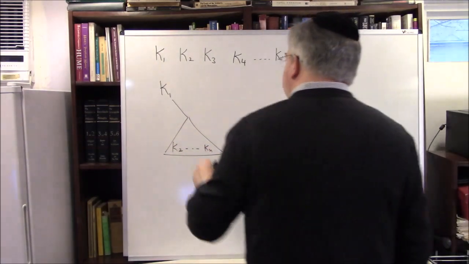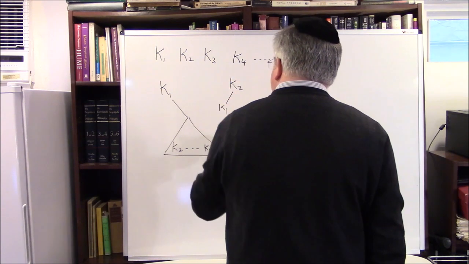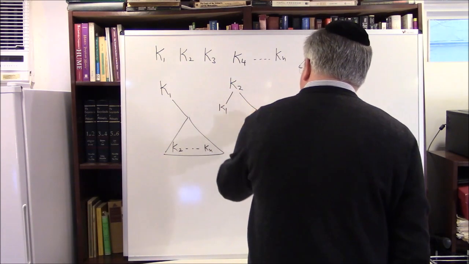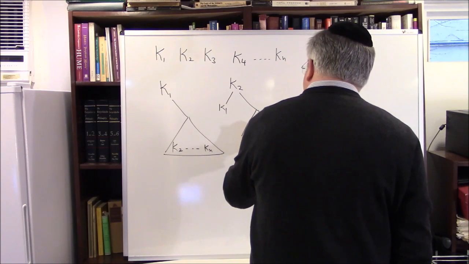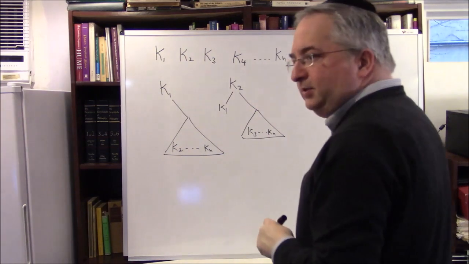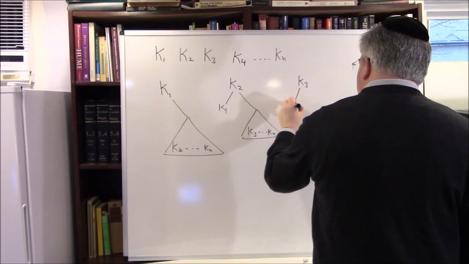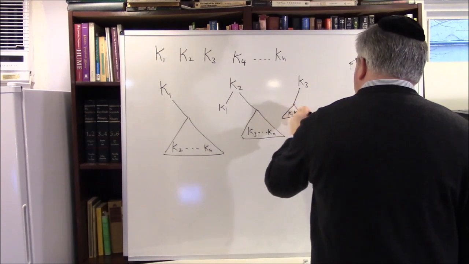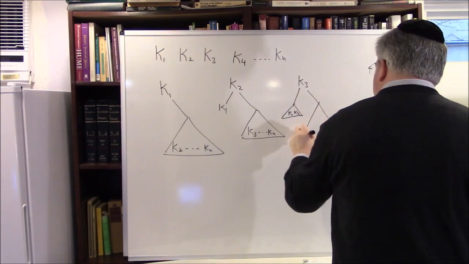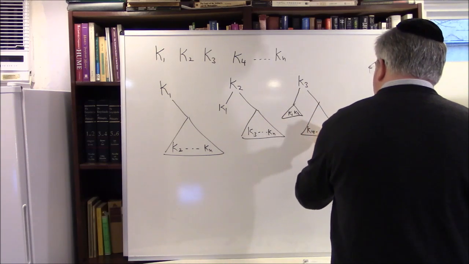Great. Here's another possibility. K2 should be your root, K1 should be a left child, and here you should have a whole tree of K3 through Kn. Okay, that's another possibility. What's a third possibility? You could have K3 over here, and here you can have a small tree with K1 and K2, and here you're going to have a giant tree with K4 through Kn.